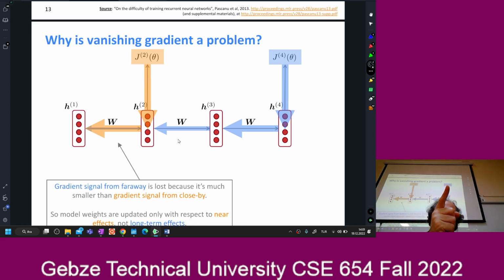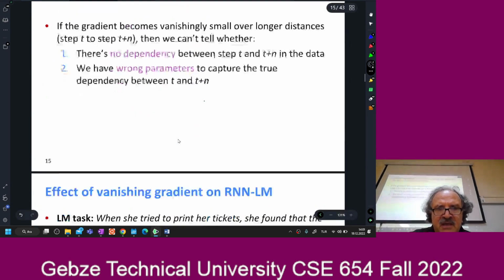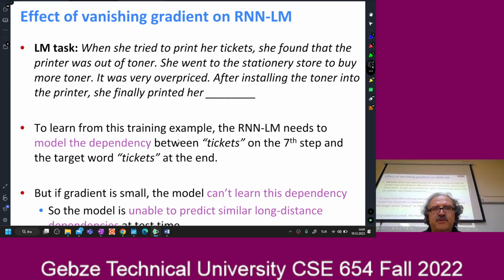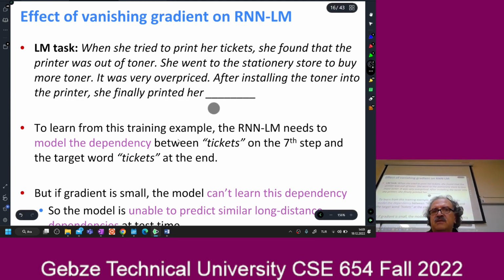Since I am moving my window from word window to word window one by one, I will take care of all the words one by one. But just look at this sentence: When she tried to print her tickets, she found that the printer was out of toner. She went to the stationery store to buy more toner. It was very overpriced. After installing the toner into the printer, she finally printed her what? Her what?